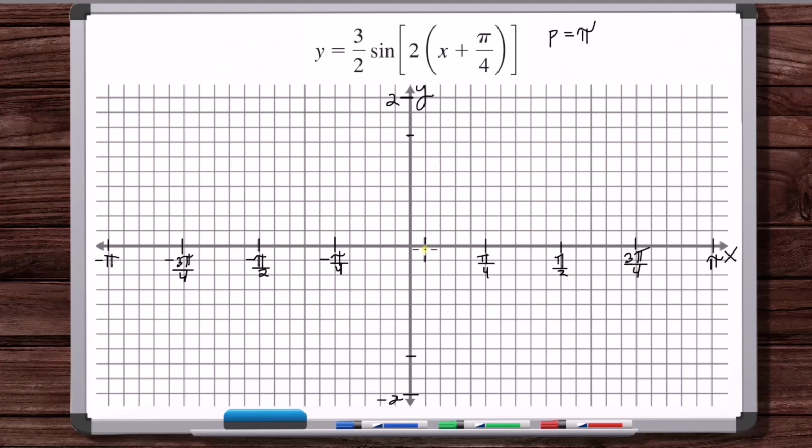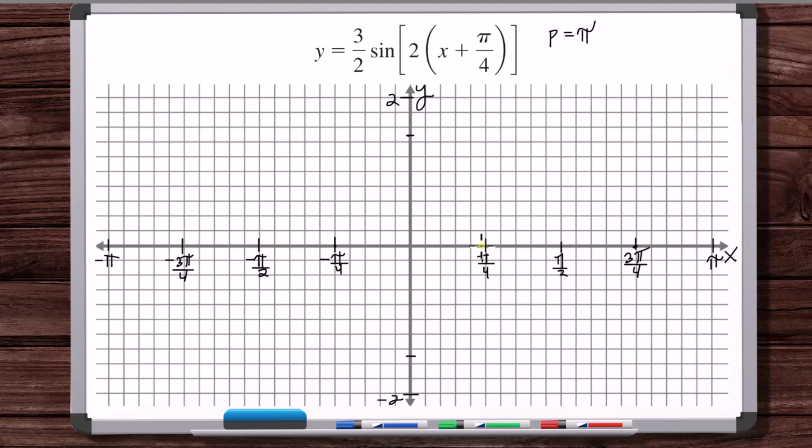Okay, so now we've shifted to the right pi over 4, so the new period goes from here to here. The sine curve starts at the origin and ends at the origin.